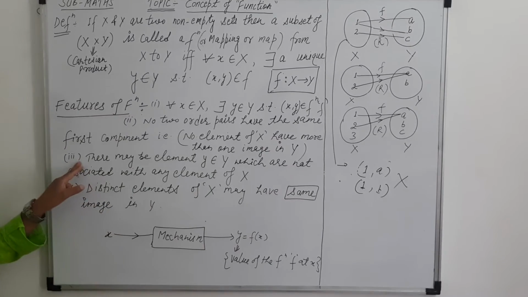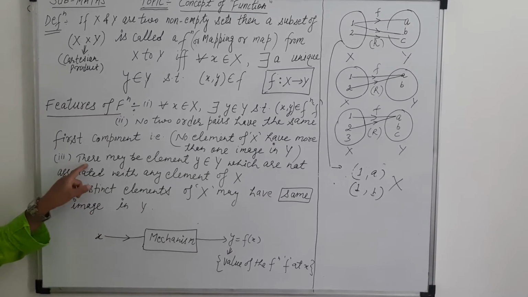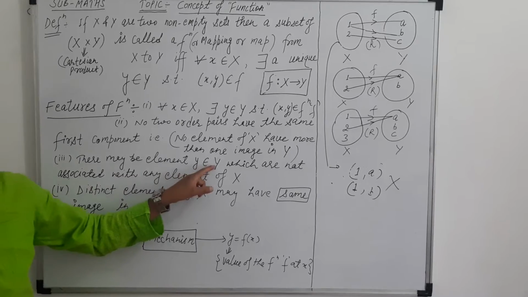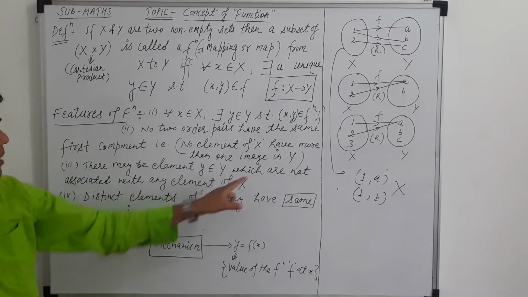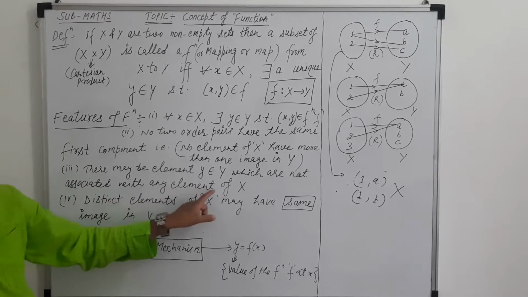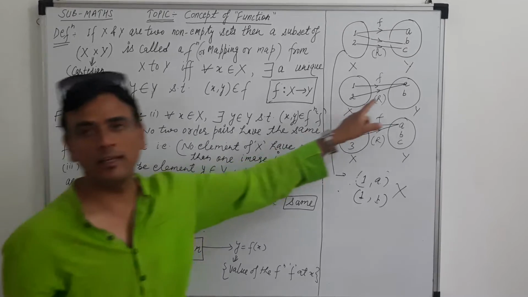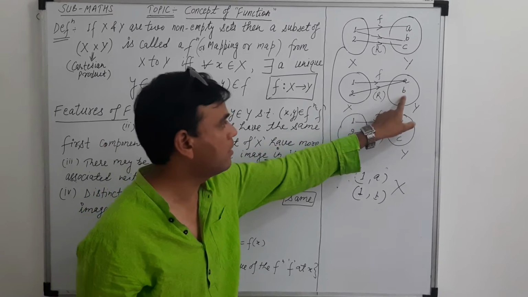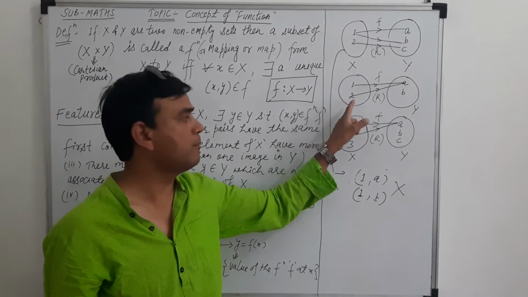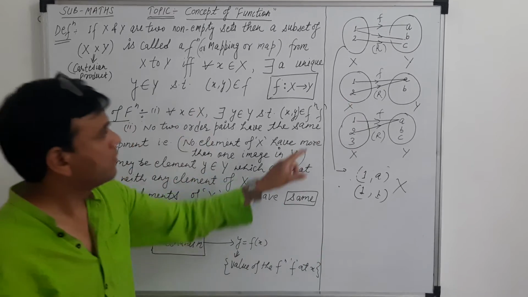Similarly, the third property of a function is that there may be elements of Y which are not associated with any element of X. In the second figure, in Y there may be some element which is not associated with any element of X. So this may happen.